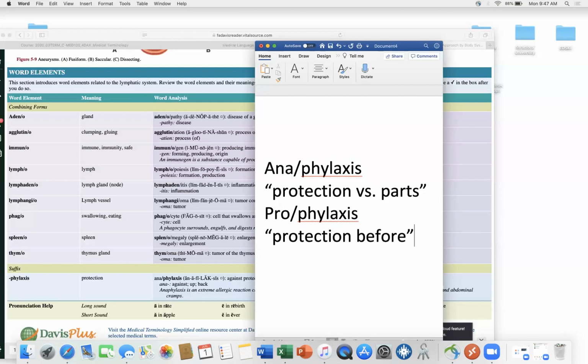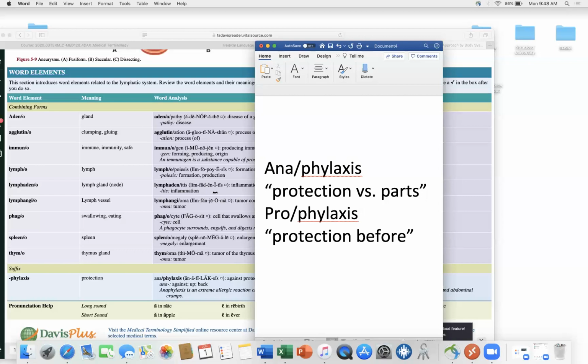What does that mean? Now, when we give you prophylactic medication, especially before surgery, I know that cutting you open, you are going to get an infection. So I give you antibiotics before I even cut you open in surgery, and that's called prophylaxis.